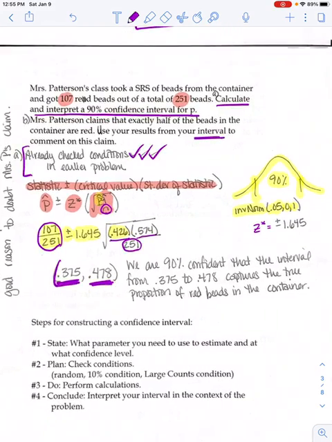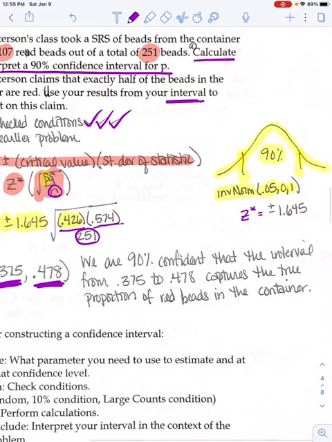And so now I'm going to write this nice little sentence. I called it a rubber stamp sentence in 8.1. And this is that rubber stamp sentence. So here we go. We are, or you could say I am, 90% confident that the interval from 0.375 to 0.478 captures the true proportion of, I want the word all right there, all red beads in the container.